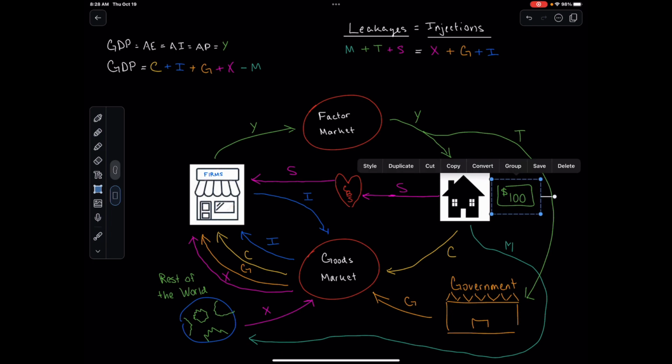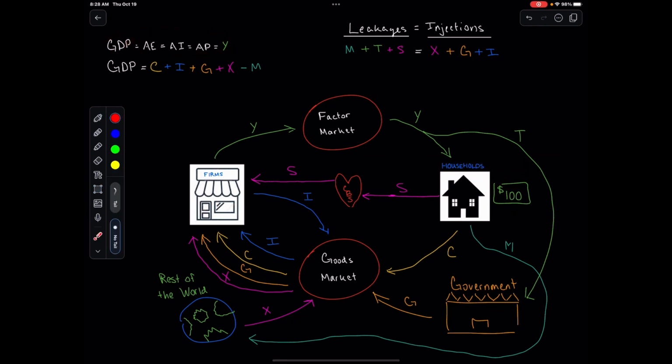What we're saying with this above formula is that the money flowing through this economy should theoretically be the same. So it always should be $100. And if one of these leakages goes up, say we import a lot more, we should also consequently have one of these injections.